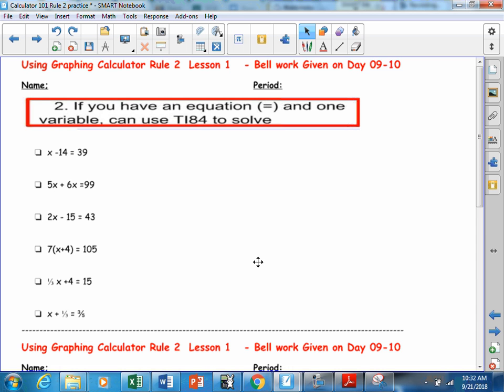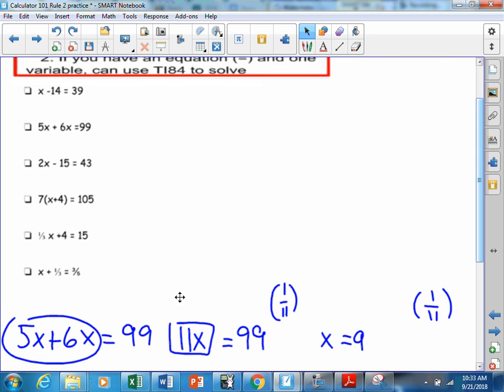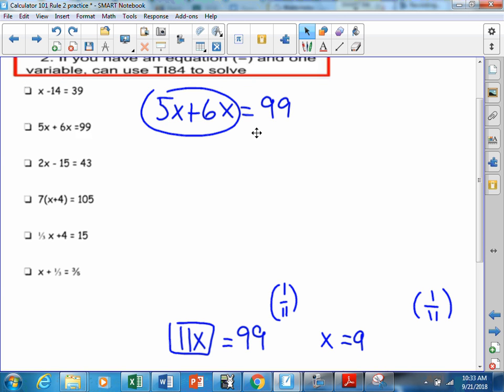So, from a traditional standpoint, we're going to take this 5x plus 6x, and again, using this idea of boxes and circles, we would box up the variables and circle the numbers, which actually I have not done.